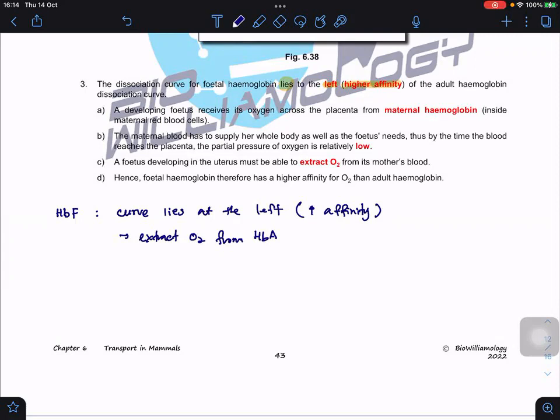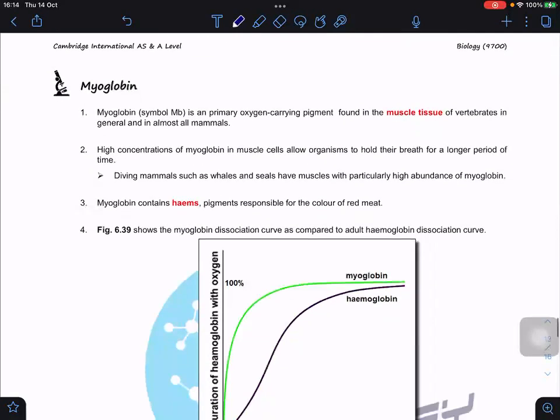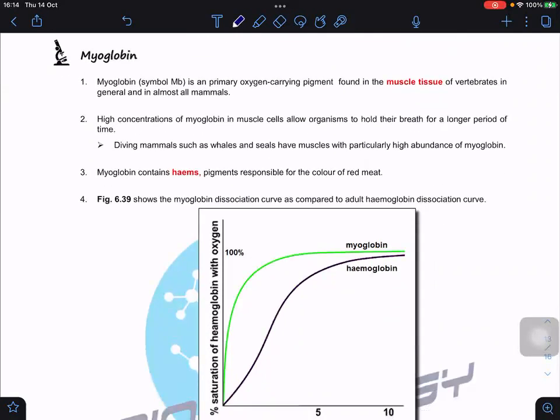Now the second one, we're going to look at myoglobin. Myoglobin is a tertiary globular protein, which means it only has one polypeptide chain. It is similar to hemoglobin, but myoglobin can only be found in muscle tissues.